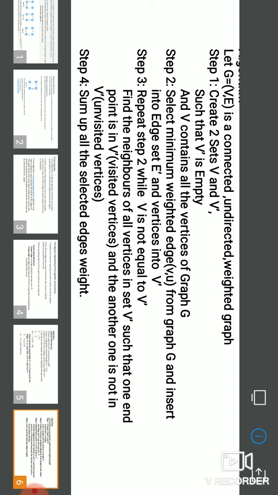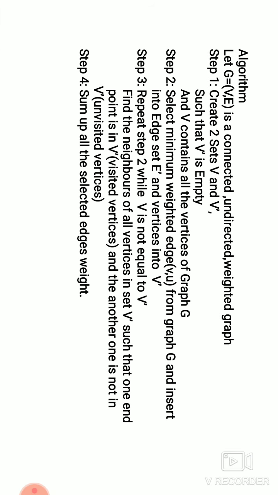In the second step, we start selecting the minimum weight edge (V, U) from graph G and insert that edge into an edge set E dash and the vertices into V dash. That is, for a current vertex, we find the next adjacent vertex which is connected through an edge.